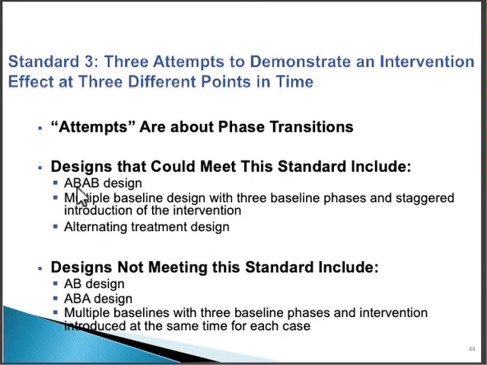The ABAB design has gone out of favor because in order for this design to work, we have to be able to get the person to go past pre-baseline or baseline effects, which means that if we were doing self-injurious behavior and we fixed it, we would actually have to take away whatever fixed it and let them go back to self-injuring, which obviously has ethical implications.